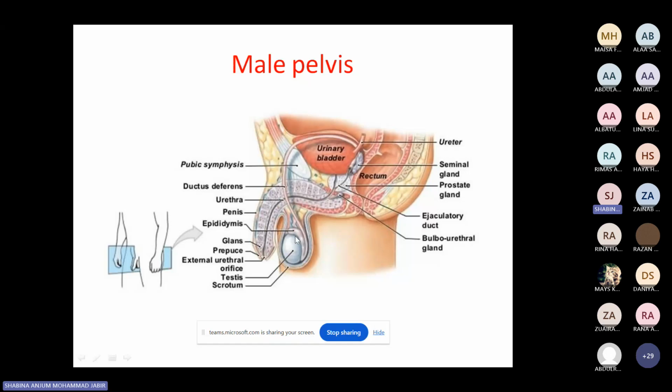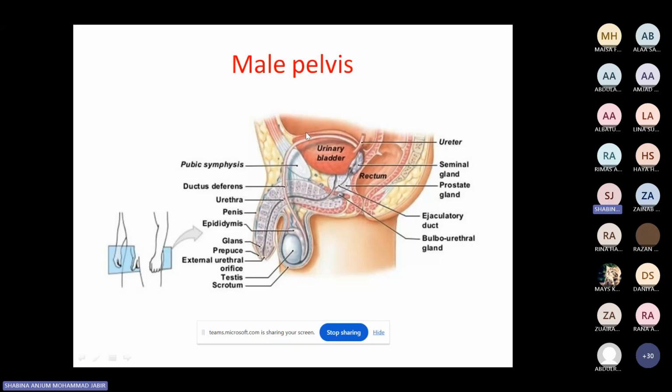This we have already seen in the life cycle. Along with the testes, on the posteromedial aspect, we have the epididymis. From the epididymis, we have the vas deferens, or ductus deferens, which is present inside the spermatic cord. Now you can see it is going into the pelvic cavity.